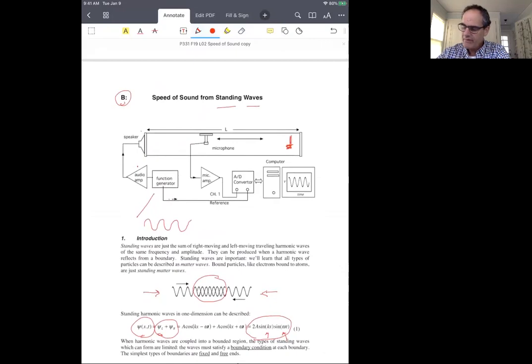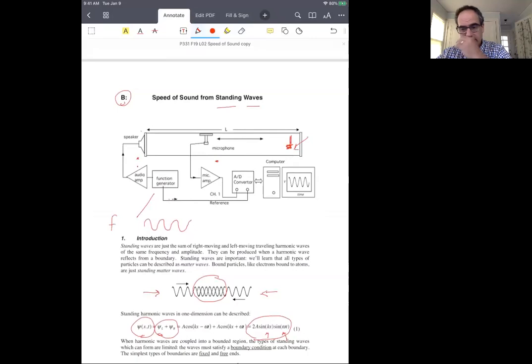Then I'll have you vary the frequency of the sound being produced by the function generator. And what we'll find is that in general, the amplitude of the sound at the microphone will be small, because if we're not at the correct frequency, we can't efficiently couple sound energy into the tube.